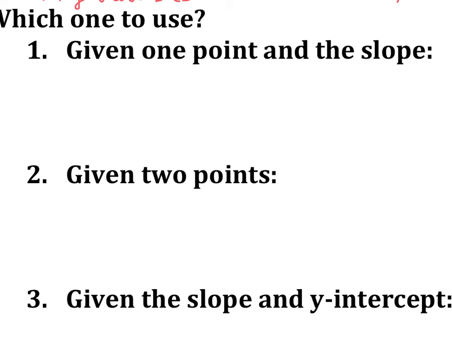So in your homework problems, you're going to have to spend some time deciding which equation to use. If you're given 1 point and the slope, this tells you what you're going to do. You're going to use the point slope formula. That's your first step. You're not going to leave it like that.